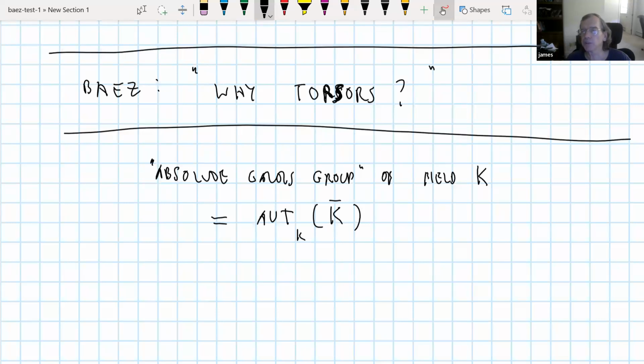So a G torsor in that topos, if I'm not screwing up, we're sort of working in the doctrine of toposes here or something like that. So it would basically be an ordinary G torsor in the category of sets, which is basically just like a copy of G that's lost its base point.